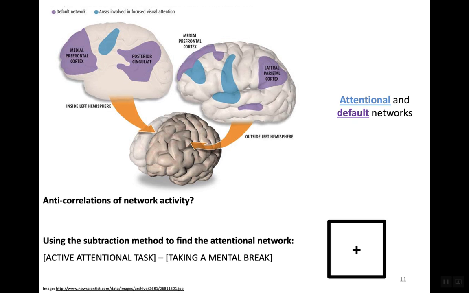So again, we can subtract the activation that we find on the entire brain level when the participant is involved in the task from the corresponding activation that we see when the participant is taking a break, becoming passive in relationship to the stimuli in front of him. Okay, so we can use the subtraction method more or less to identify this network.